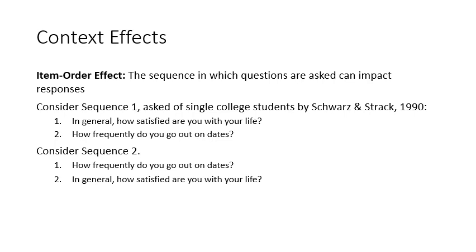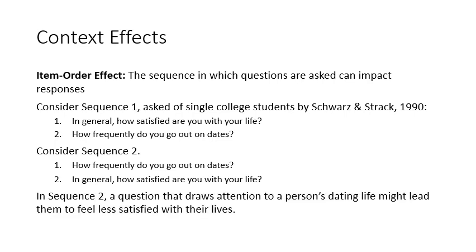In the first example, when they're asked about satisfaction first, they might give higher responses than when we first ask about dates and then about satisfaction. So these are things that you seriously have to consider when you're developing surveys. So a few things to think about.